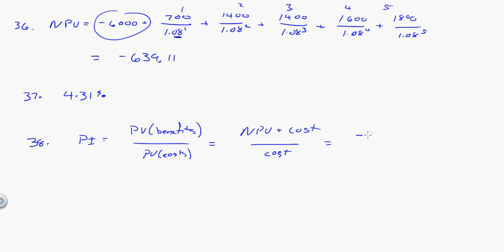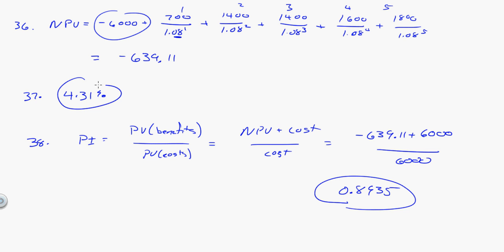The net present value is minus 639.11 plus the cost. Keep that as a positive 6,000 over 6,000. It's going to be less than 1, at 0.8935. This is less than 1, reject. This is less than the cost of capital, reject. This is negative, reject.